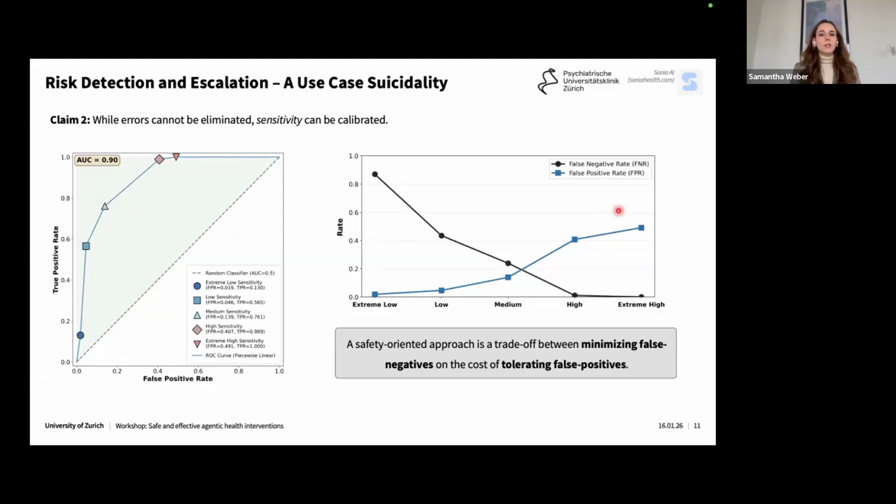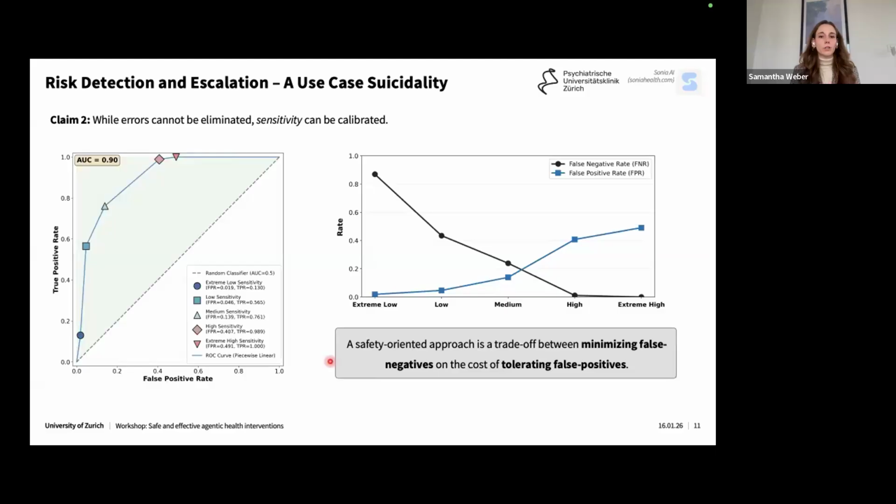In summary, this illustrates the central design trade-off in safety critical risk detection. We cannot fully eliminate errors, but we can choose which errors we are willing to tolerate. A safety-oriented approach is this trade-off of minimizing false negatives at the cost of tolerating false positives.